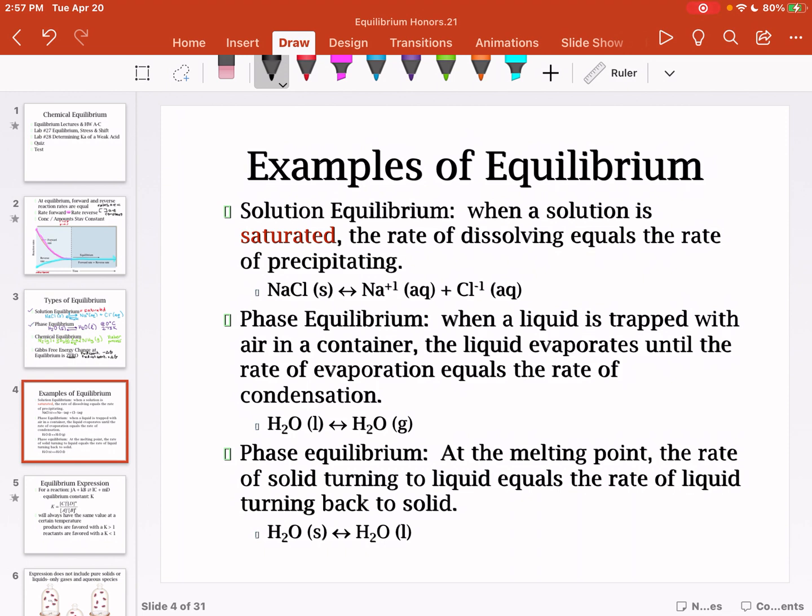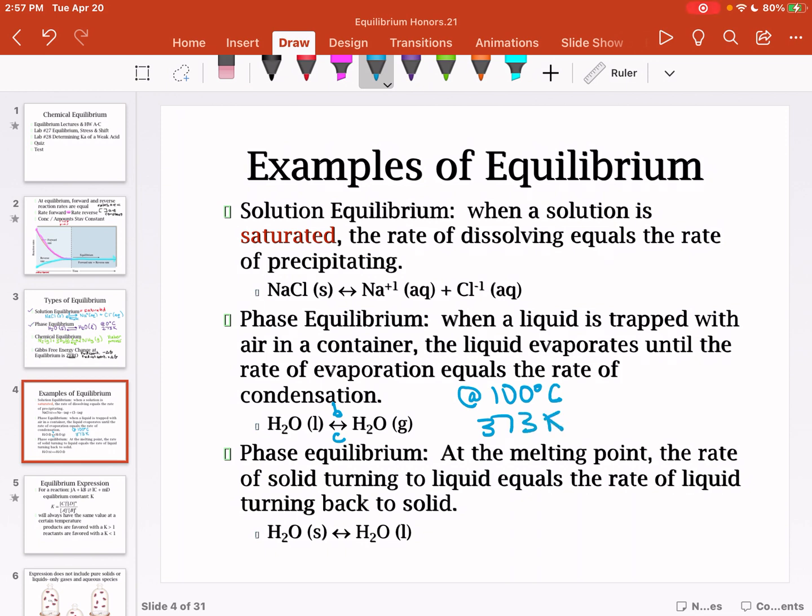I used melting point as my previous example, but as you can see here, I can also use boiling point. I can have my rate of boiling equal my rate of condensation when I'm at my boiling point. This equilibrium process is going to occur at 100 degrees Celsius or 373 Kelvin.